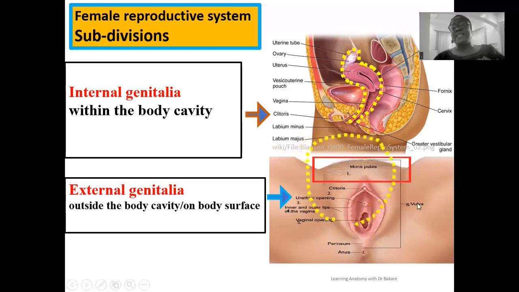So this is where we have the external genitalia also carved out in dotted yellow. So this region is located outside the body, and you see it on the surface of the body around the perineum. So these are also taken as part of the female reproductive system, but they are just regions that are seen outside the body. So we're taking each of these subregions one after the other to see their structural components.